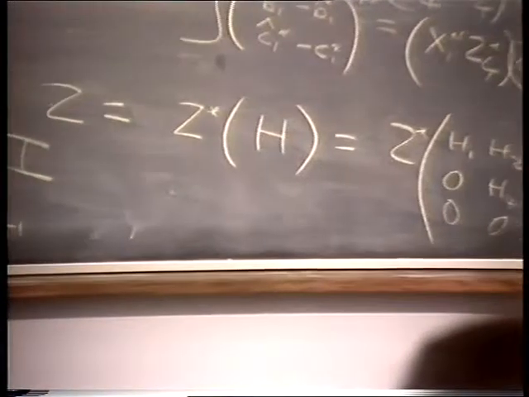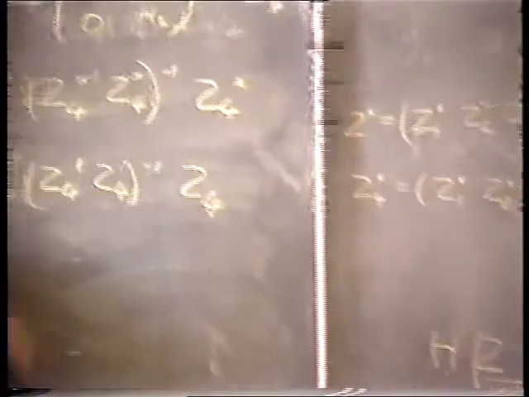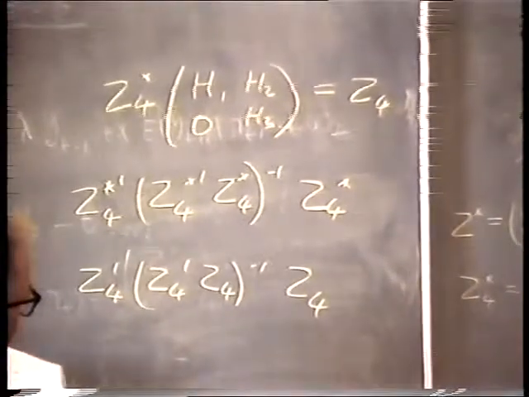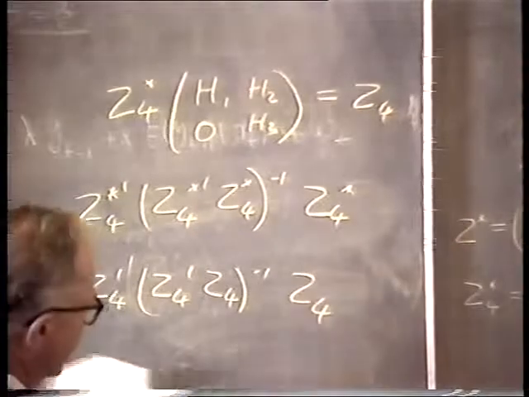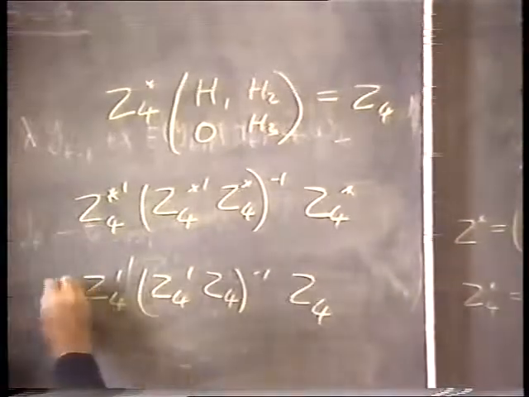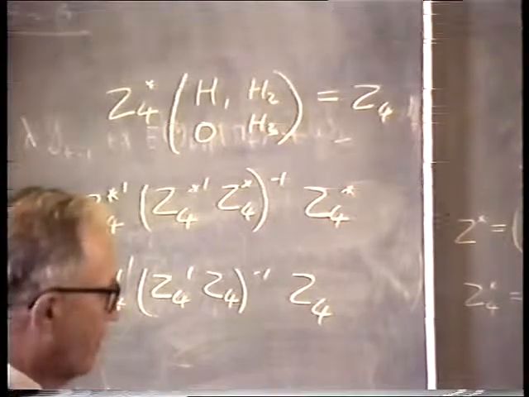Now if you substitute what Z4 star is in terms of Z4 star into this equation here, you will immediately see that the H transformation matrices cancel, and so these two expressions are equal to each other.